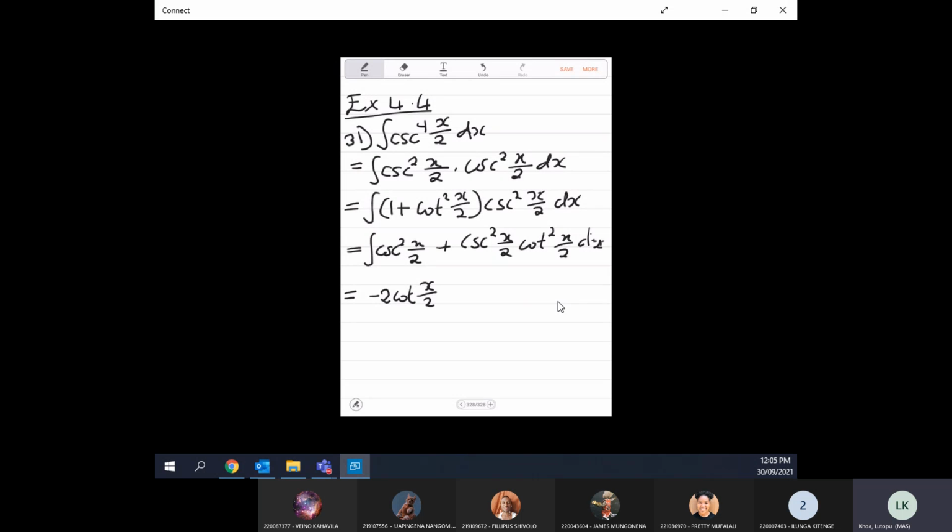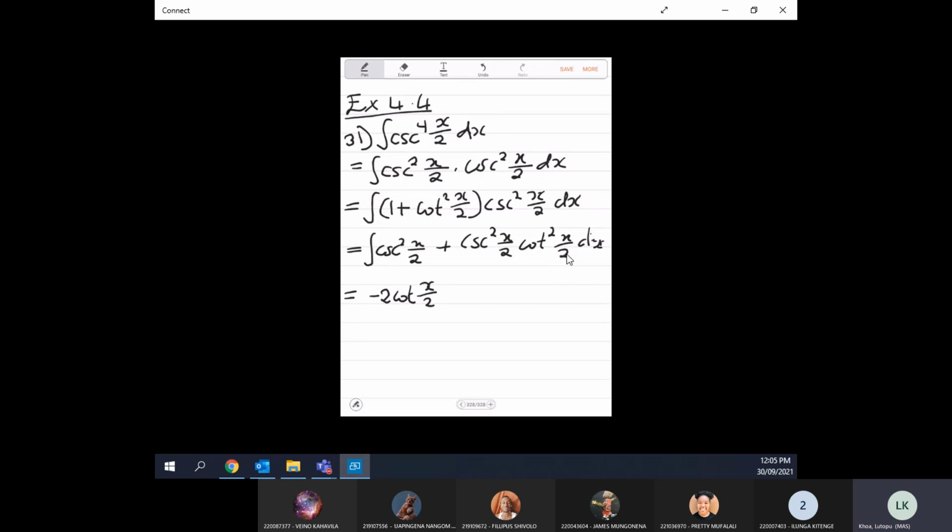And then for the second one, we can see that we have a function and its derivative. So we have cot here. The derivative of cot is cosec squared. So the power of cot should go up by 1. So we get cot to the power of 3 divided by 3.